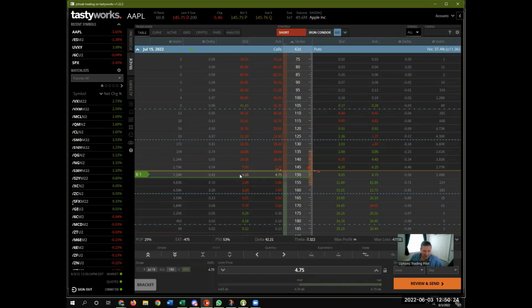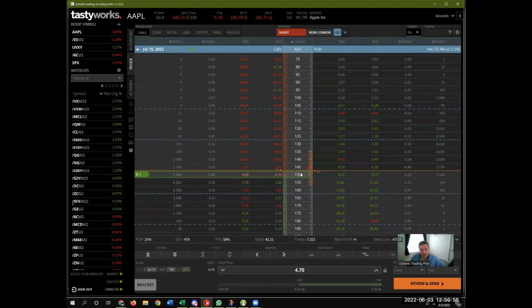In order to do that, I have to pay $4.65 per contract. One contract in a stock option is worth 100 shares, so when you see this, just look at it in hundreds. So this is $465. When you go long a call, you purchase it for a premium, and you have the right to buy Apple, in this case through July 15, at 150.